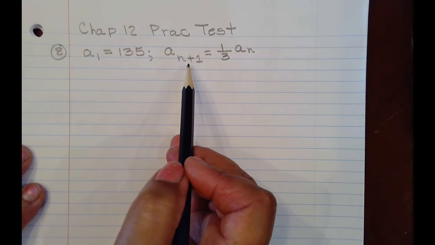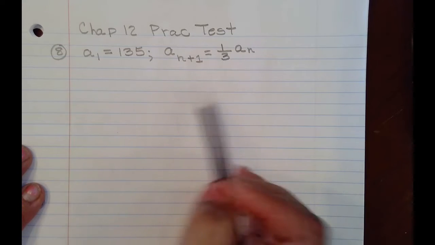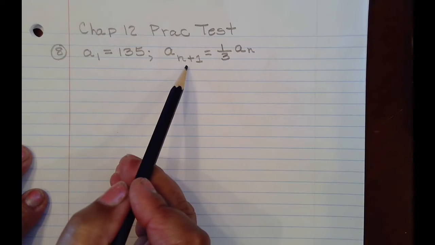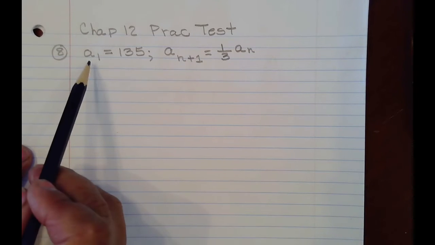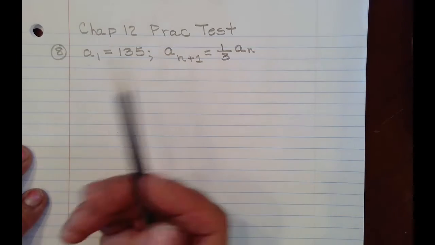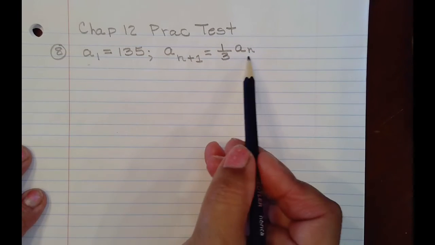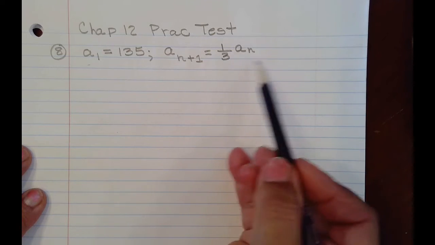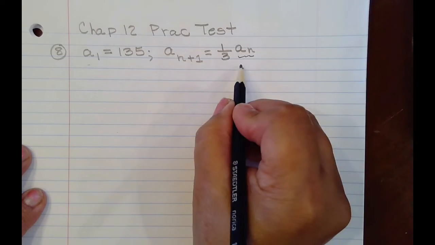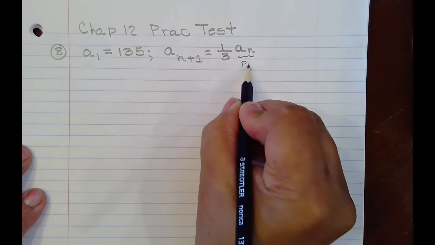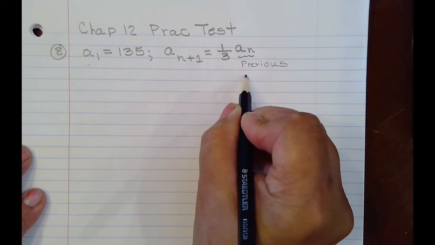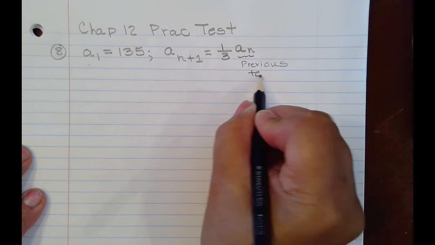So if you want to get a term, I know this is a little bit harder to read because they change the notation on you sometimes, but it still means the same thing. You're trying to get the next term. That's what n plus 1 is compared to just n. N plus 1 compared to n means you're trying to get the next term from the term that came before it. So this notation in this problem represents the previous term. And all of your recursive problems will always be like that.